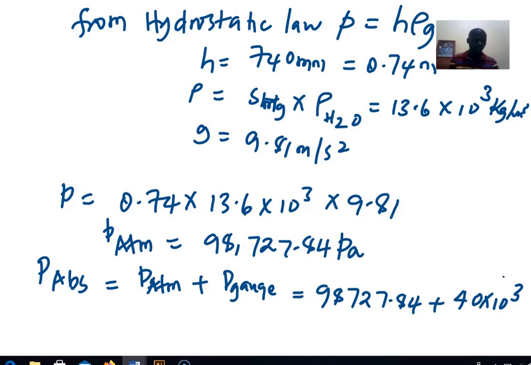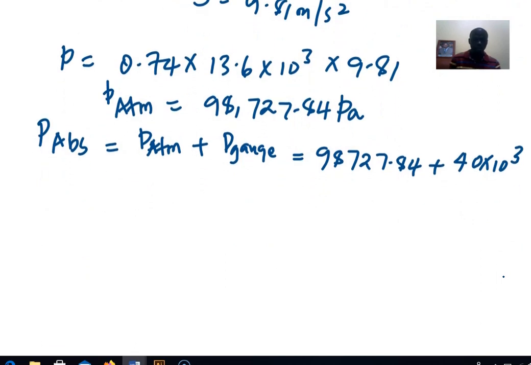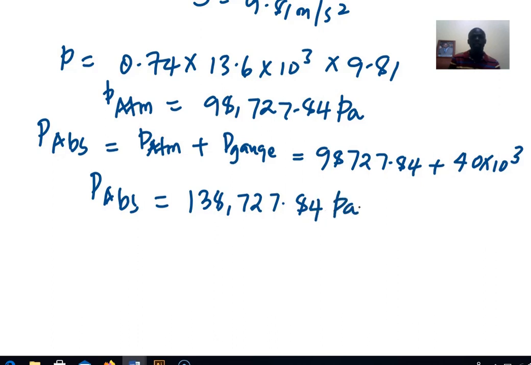So if I add them, the absolute pressure P absolute will equal 138727.84, and this is in pascals. So this can be 138.728 kilopascals.